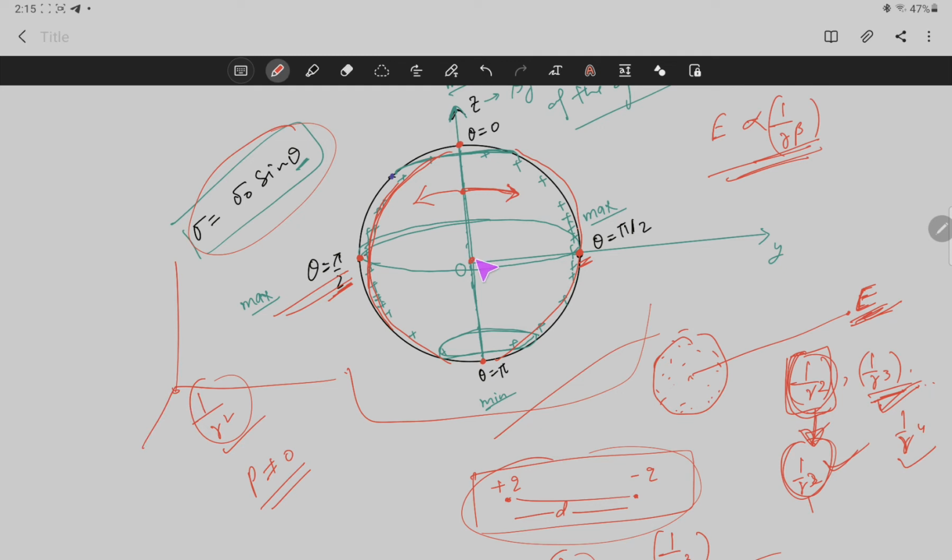If your origin is inside the sphere at the center, the dipole moment will be zero. So if you take your origin at the center of this sphere and do the Taylor expansion, you will not see a 1 over r cube term.